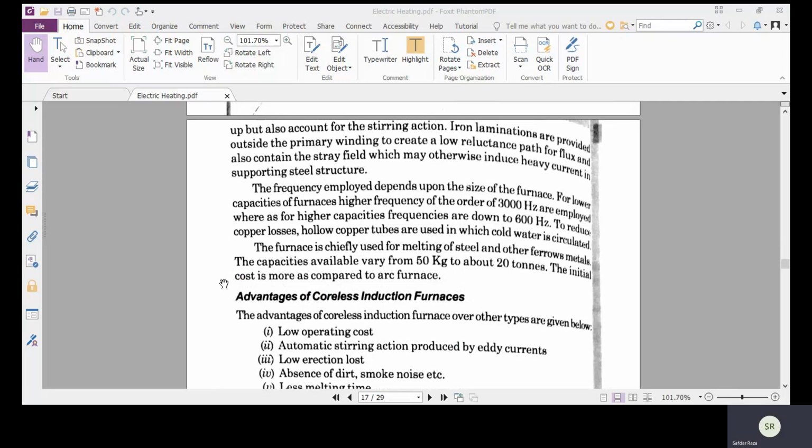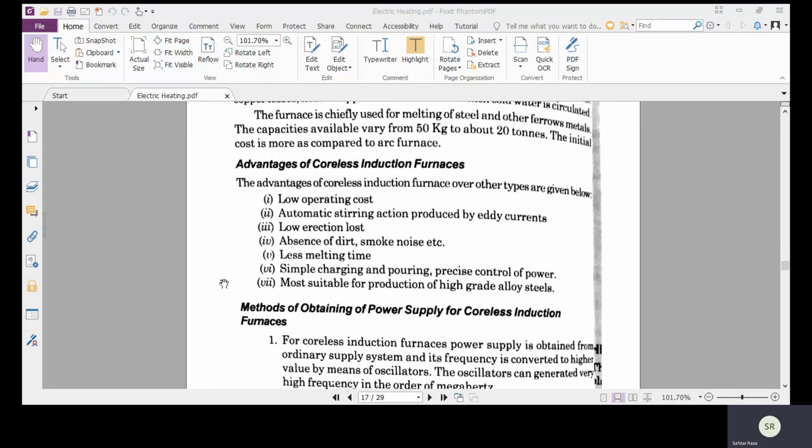Now, the advantages of the coreless induction furnace are that it has low operating cost, it has automatic stirring action produced by eddy currents, it has low erection loss, absence of dirt, smoke and noise, it has less melting time, it has simple charging and pouring, precise control of power, and is more suitable for production of high grade alloy steels.